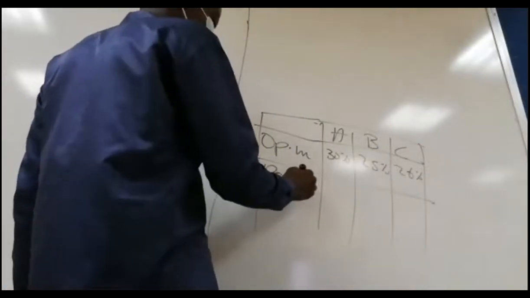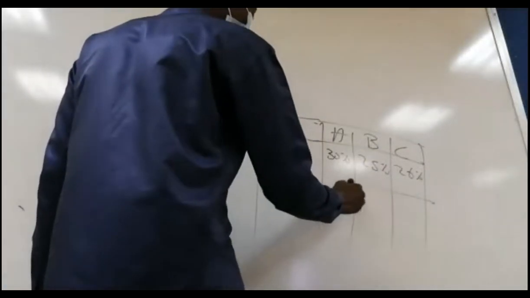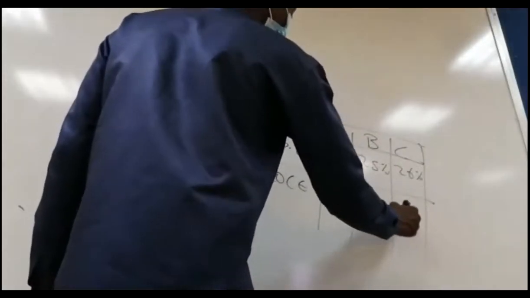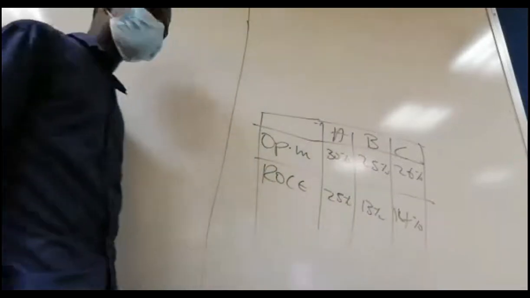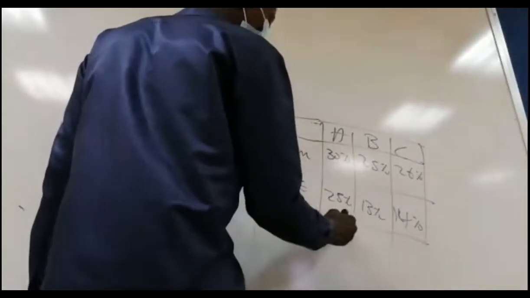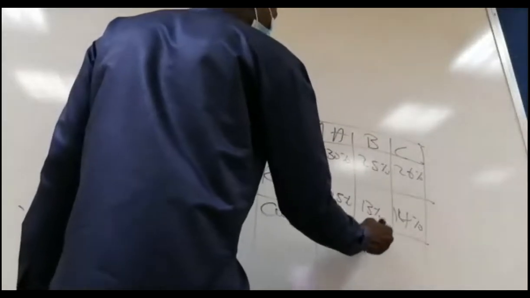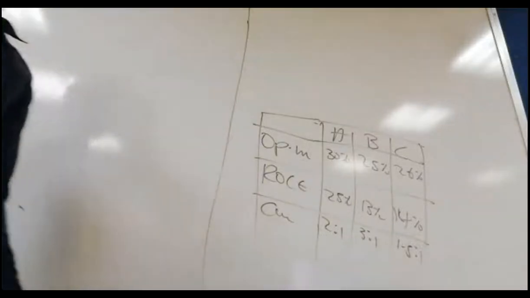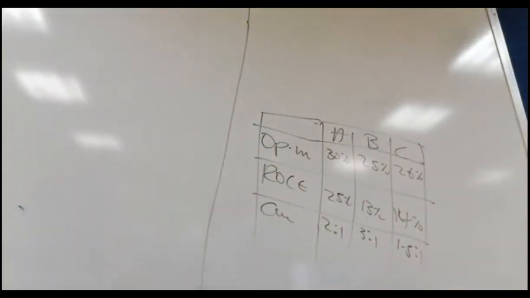The key ones: 25%, 13%, 14%. You are done. Then current ratio 2:1, 3:1, 1.5:1. They are done, and they ask you to write the report.